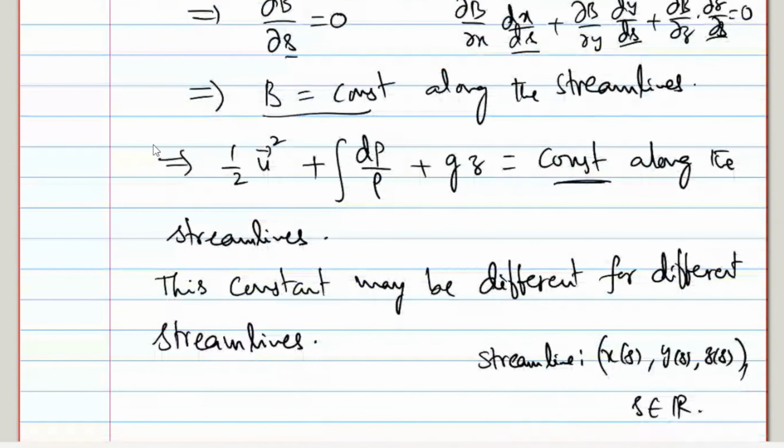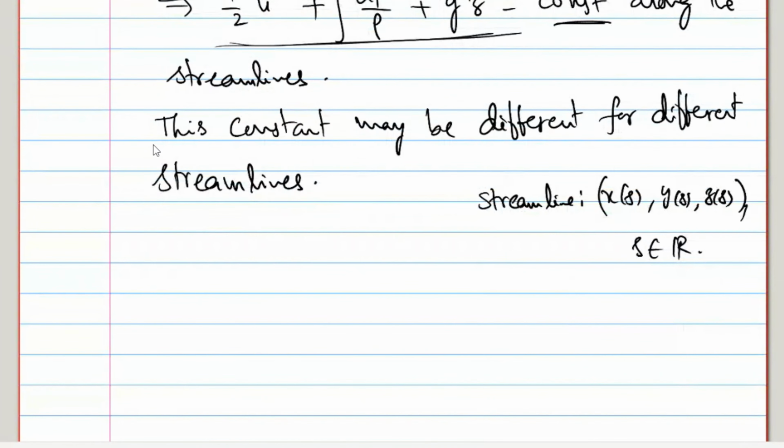Steady flow will give you a constant that will be different for different streamlines. For irrotational flow, this constant is the same. So just make a point: for irrotational flow, the Bernoulli equation is constant everywhere. Whatever Bernoulli equation you got earlier is actually constant everywhere.